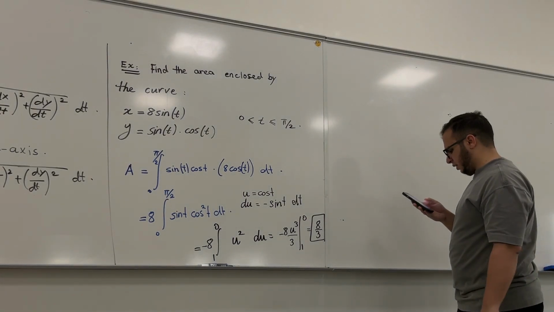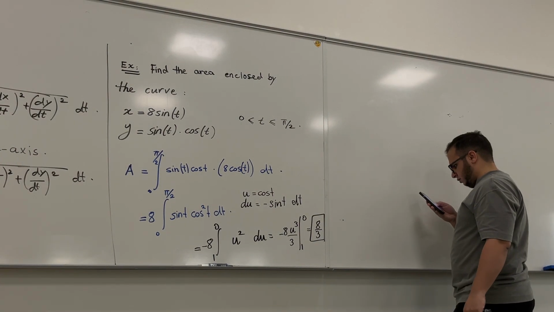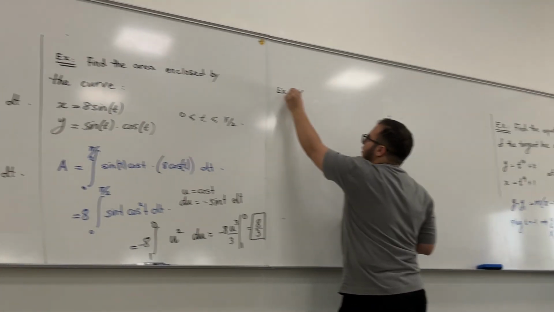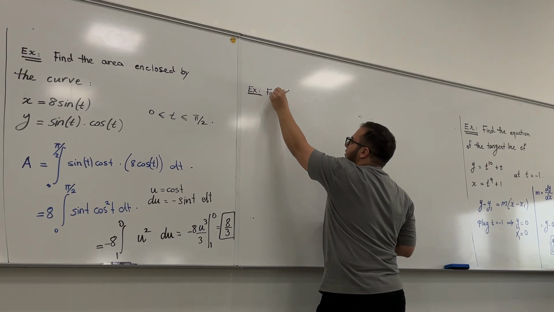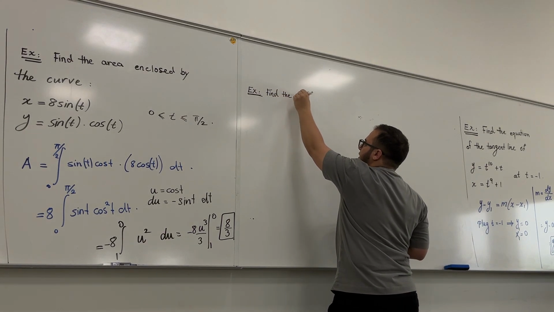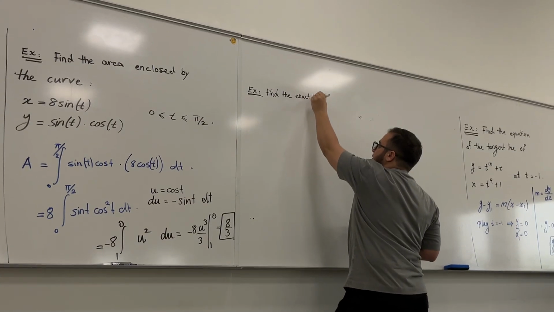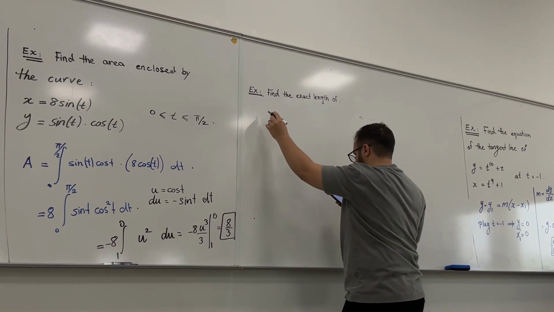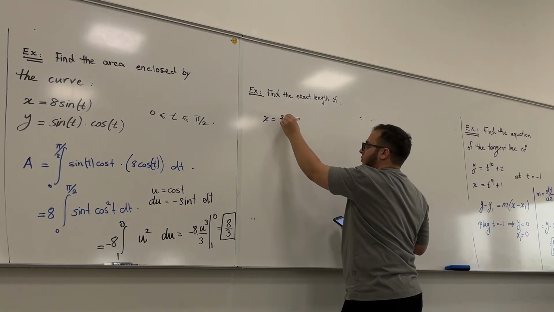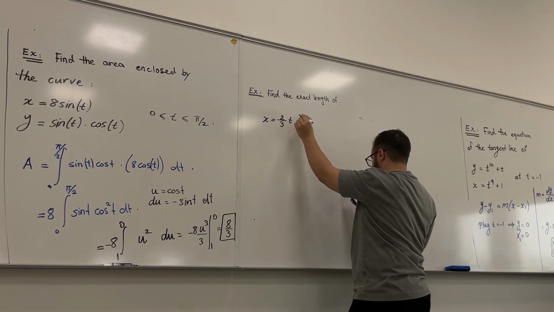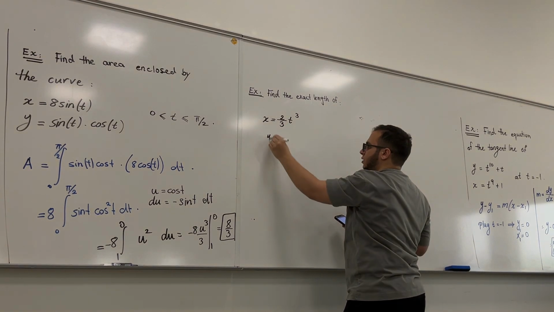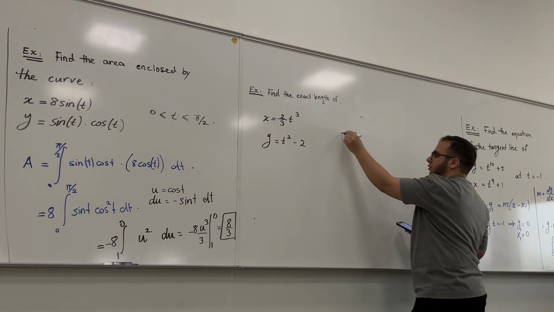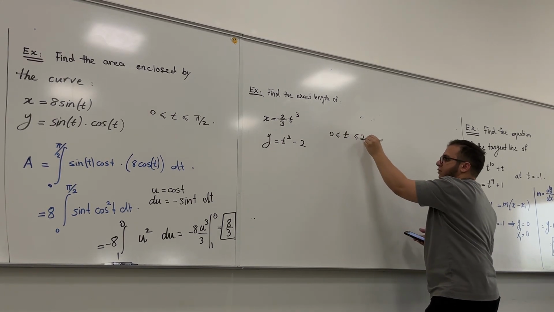Let's do arc length or something. Find the exact length of x equals 2 over 3 t cubed, y equals t squared minus 2, t is between 0 and 2.